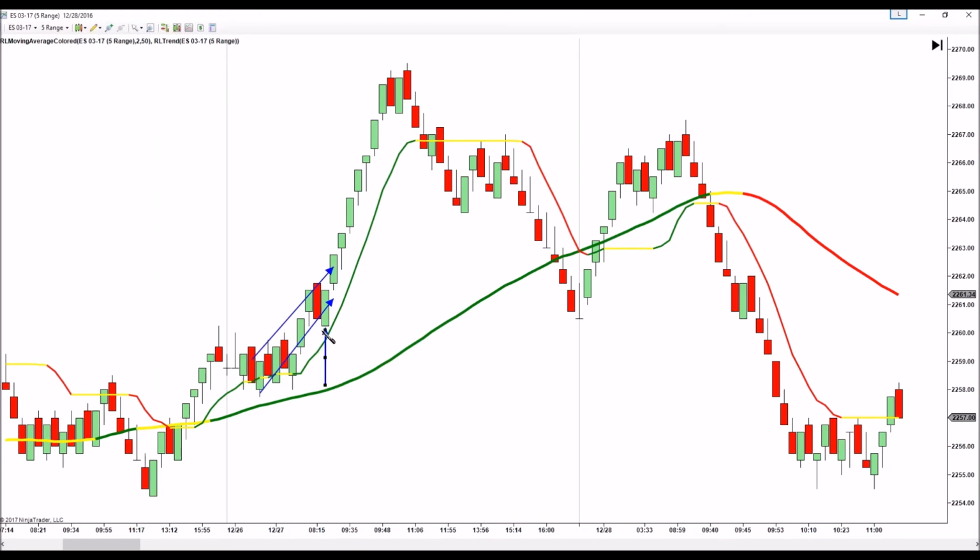And boom. Look at the move. So you can see what a powerful configuration it is. The problem is spotting it, and it's just not that easy to spot.